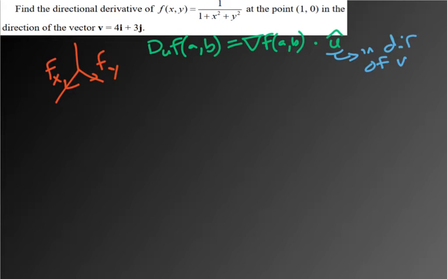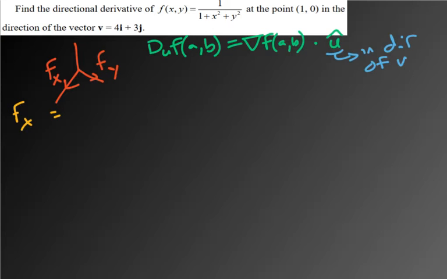And so in this example, the first thing we have to do in any of these problems is get the gradient and evaluate it at the point. So f with respect to x: I would think of this as (1 + x² + y²) to the negative 1, and then do the derivative that way.